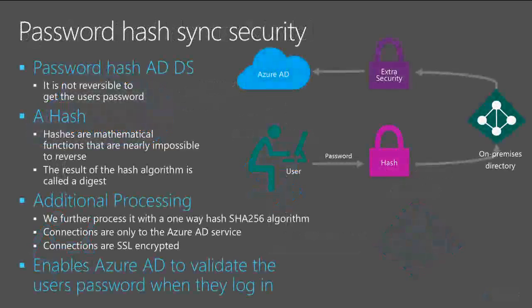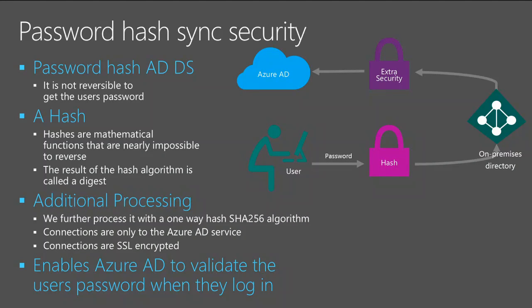Let's talk a little bit about password hash sync and the security. We always get questions about this, specifically when we start introducing password synchronization. We're actually taking the on-premises Active Directory information, and it's really a hash. It's not the actual password itself. It's been put into an algorithm, and then we take that algorithm out into what's called a digest, and then we move that up to the cloud using another encryption capability called SHA or the SHA-256 algorithm.